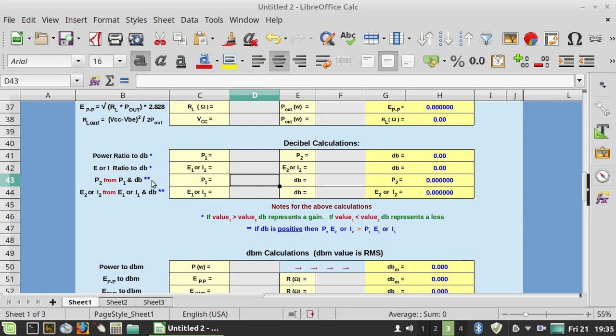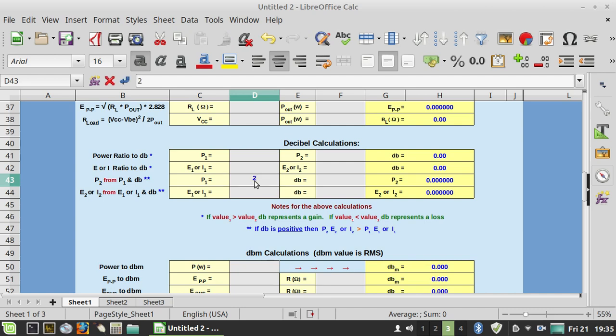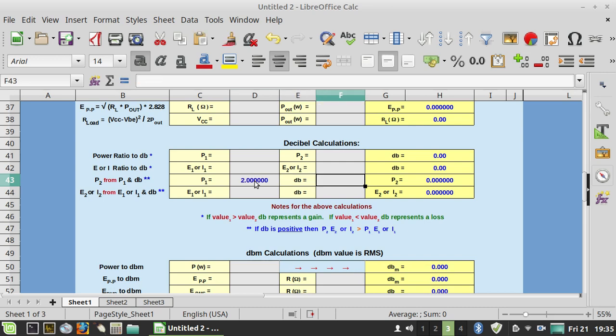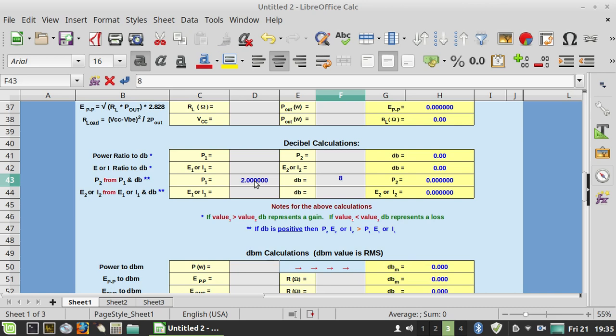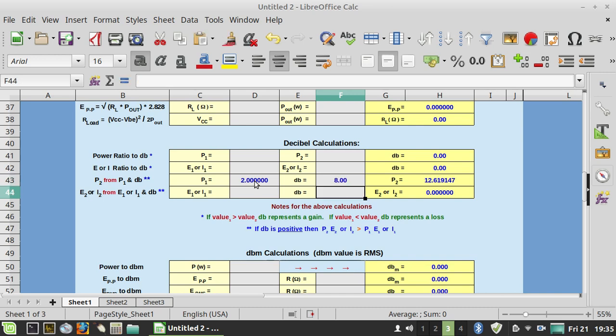Power 2 from power 1 in dB. I'll show you what this can be useful for. If I've got, I don't know, a 2-watt preamp, a 2-watt driver stage in a transmitter I'm designing, and I want a little more power output, I look around, I see that I can easily get another 8 dB with an IRFZ510 MOSFET by adding like 3 or 4 parts.